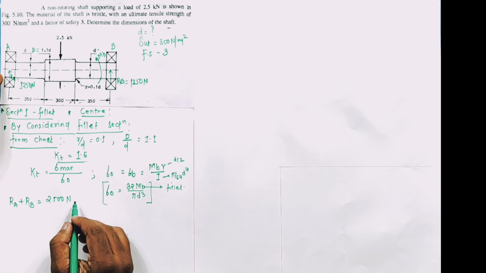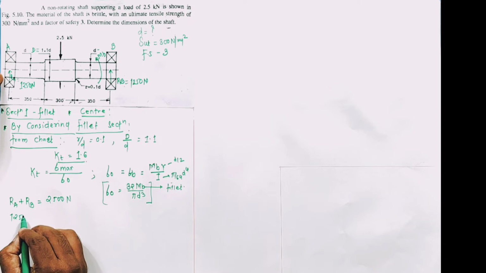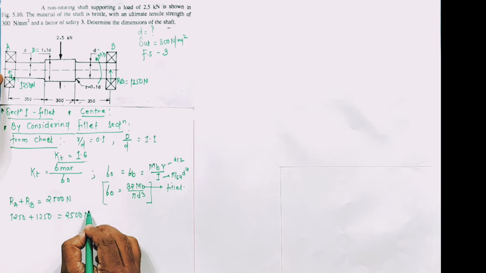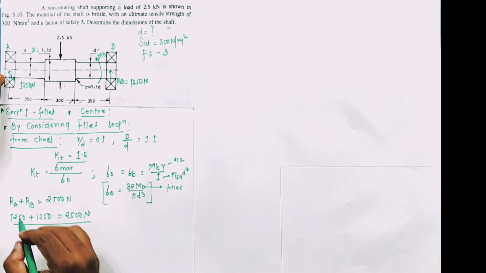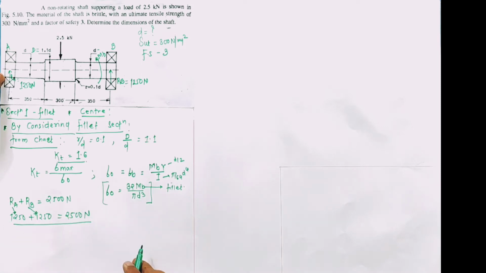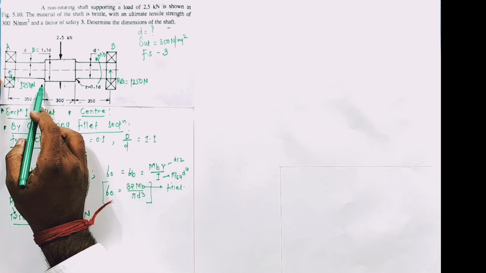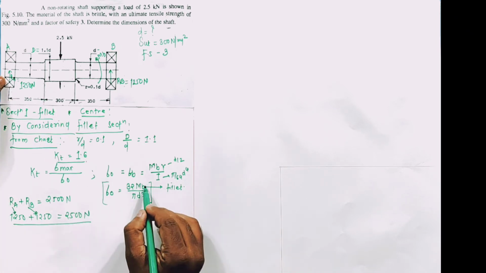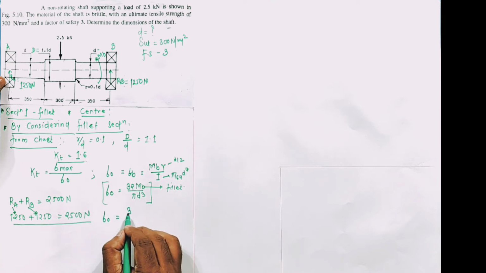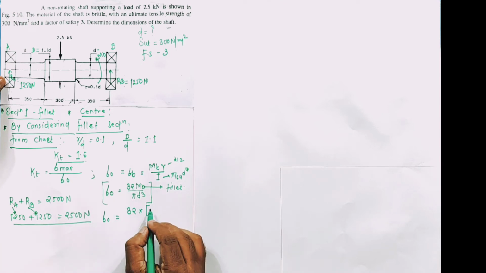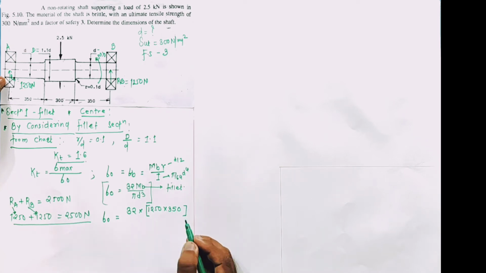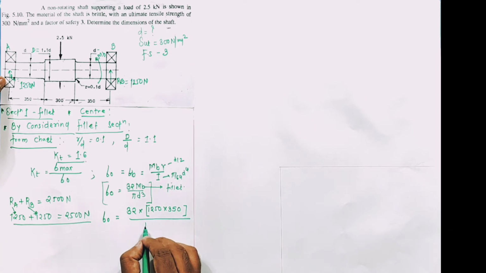It is acting at the center, which means 1250 on one side and 1250 on the other side, to balance the 2500. So RA is equal to 1250 and RB is equal to 1250. Correct? Therefore the bending moment is force into perpendicular distance: force RA 1250, perpendicular distance 350. Therefore here I will write sigma O is equal to 32 into the bending moment, that is force 1250 into 350, divided by pi.